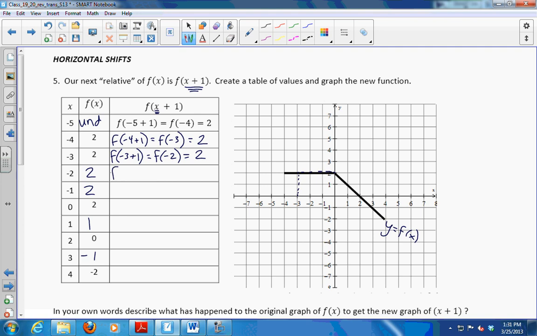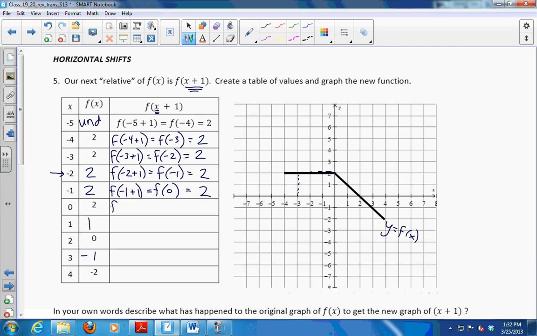Now I have f of -2 plus 1, right, because I'm plugging in this value for x. And I end up evaluating f of -1, which is 2. And then I have f of -1 plus 1, which is f of 0. And f of 0 is 2.